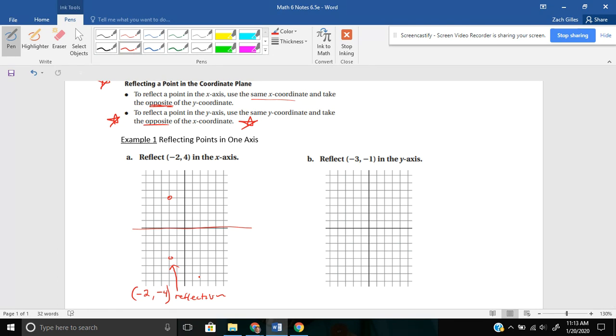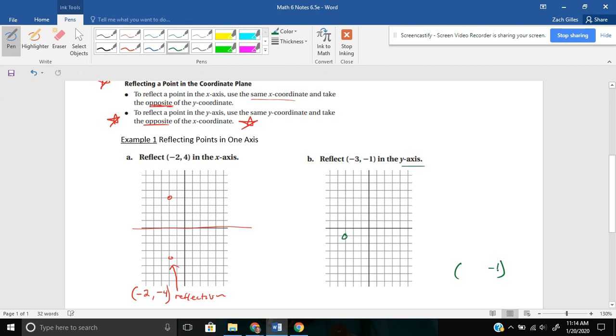The next one in letter B now wants us to reflect on the y-axis. So I'll plot my first point, -3, starting at 0, left 3, -1, down 1. Okay, there's my point right there, -3, -1. And I need to reflect that in the y-axis. All right, when I reflect in the y, I use the same y coordinate. Okay, so my y coordinate was -1.